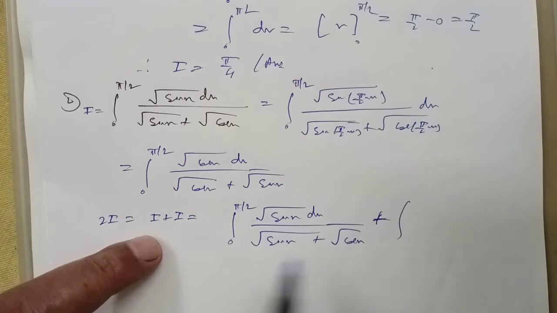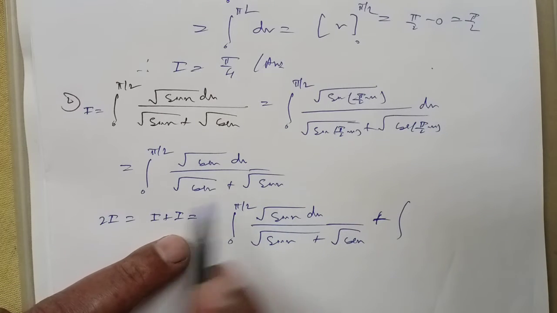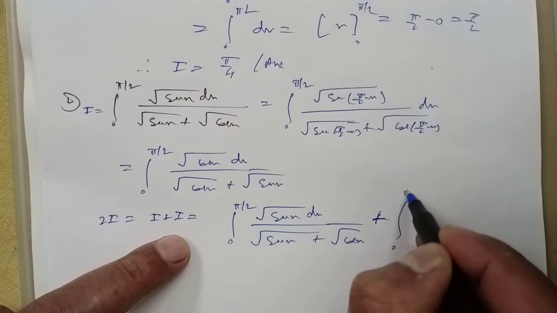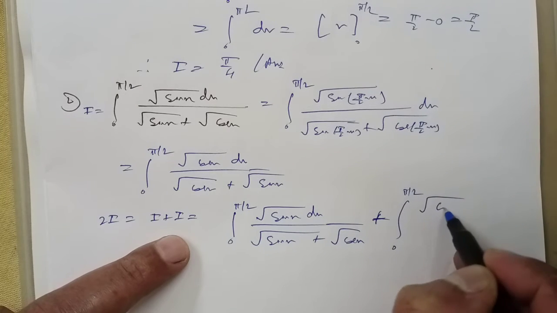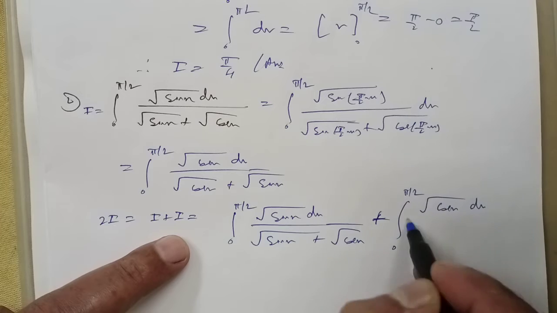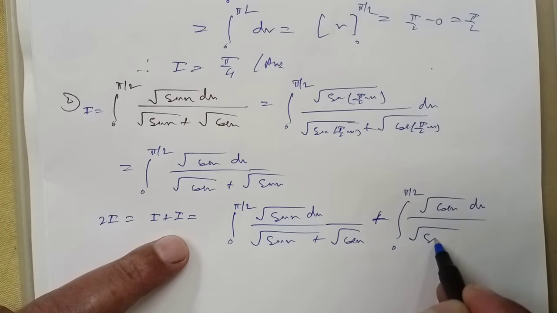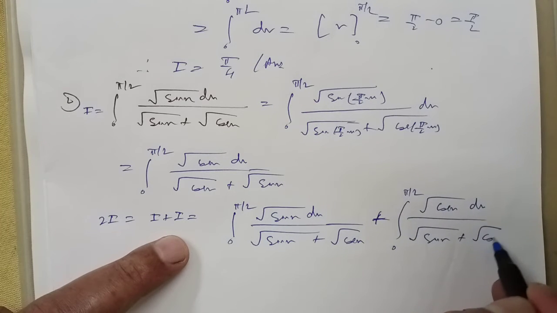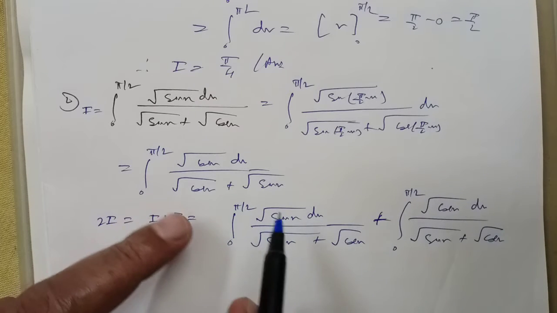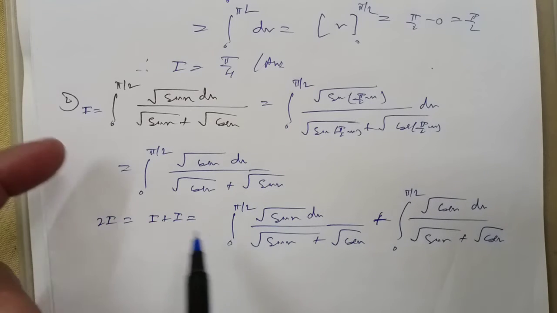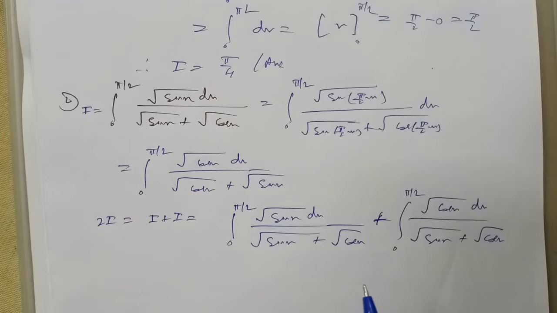Then write, instead of the second I, the derived integral, that is integral 0 to pi by 2 root over of cos x dx by root over of sin x plus root over of cos x. We can arrange them writing root over sin x first, because root over cos x plus root over sin x is no different from root over sin x plus root over cos x.